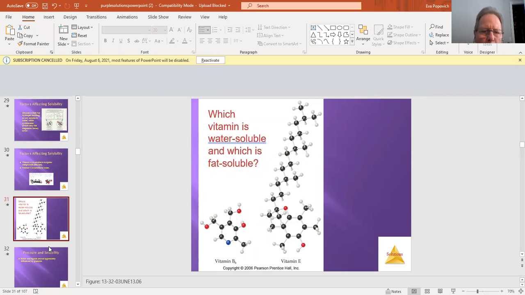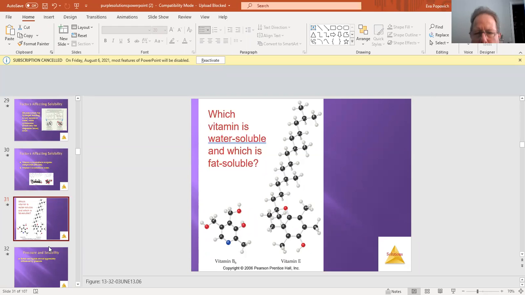Which one is water soluble? I'm gonna say vitamin E is water soluble and vitamin B6 is fat soluble. Remember, the more carbon hydrogens that you have, the more non-polar character the molecule has. Okay, so flip them.